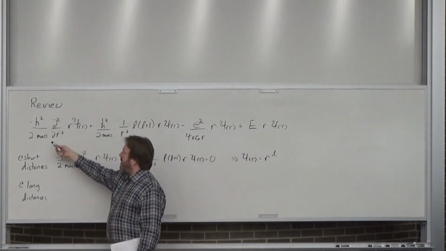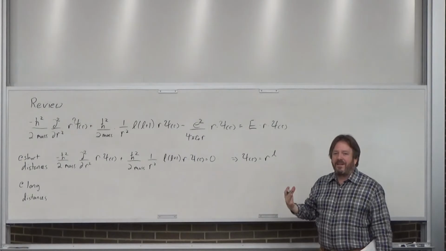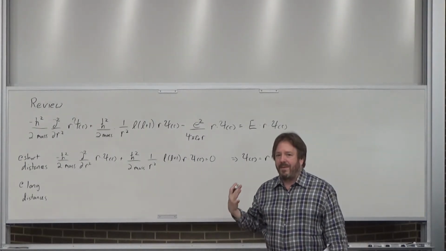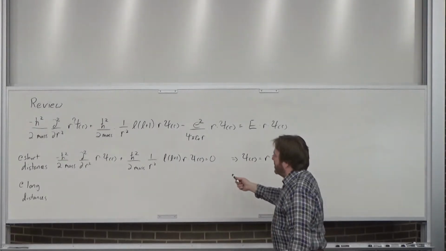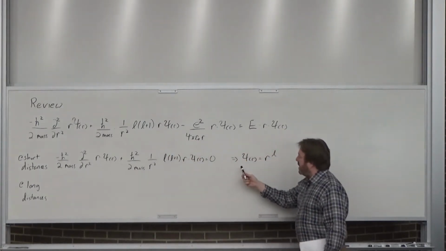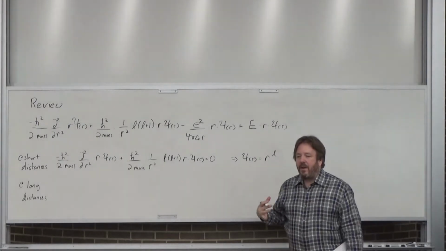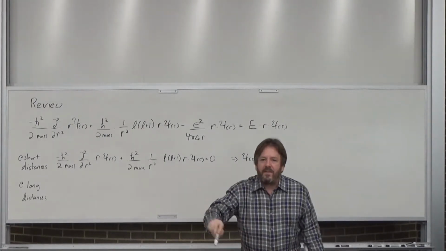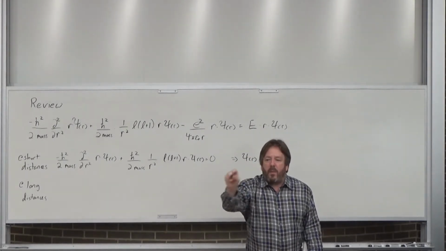Kinetic energy, you can't really just be getting rid of that. Remember, the kinetic energy operator is always the thing that's a real pain about quantum mechanics. It always comes from the kinetic energy operator. Okay, so I pared down to here, and then we showed that a reasonable solution is R to the L. What you're really seeing here is the wave functions dealing with the fact that if the electron gets close to the nucleus, it spins way too fast.